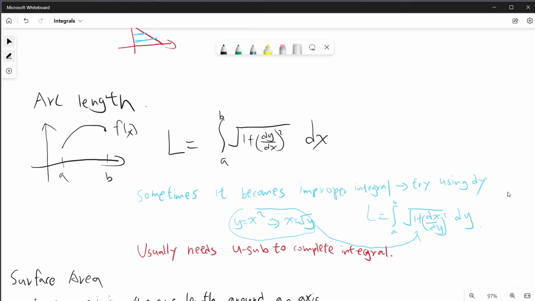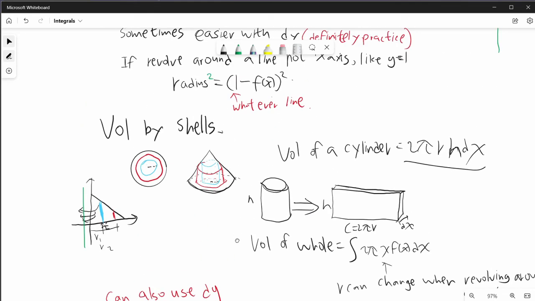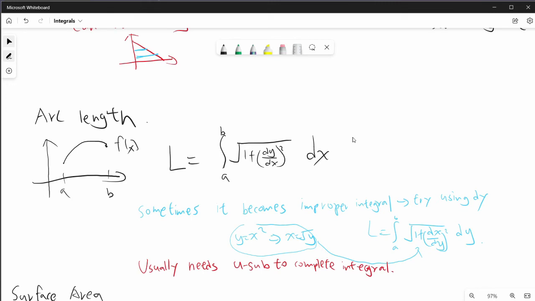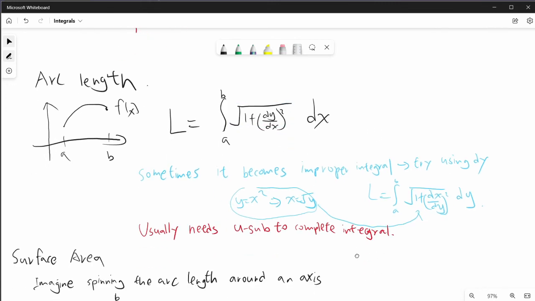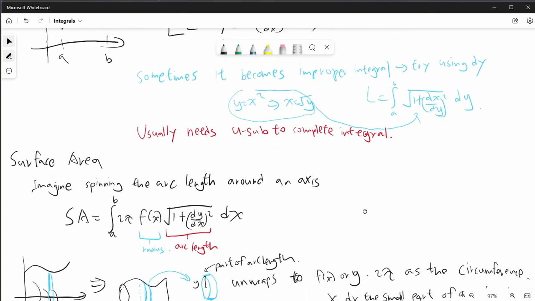Generally, since it's something squared inside of a square root, u-sub is the general tactic to solving these integrals. The integrals up here might be a little more easily solved than these. You might have to just brush up on the u-sub, and you'll be fine there.